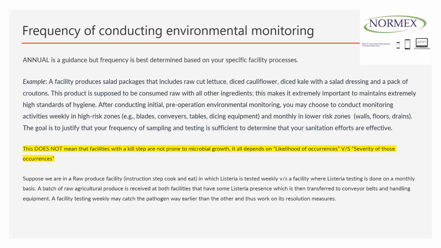A facility testing weekly may catch this pathogen earlier than the other one and could resolve this issue before producing, say, 10 more batches with Listeria. So this is just an example of how you can monitor better.